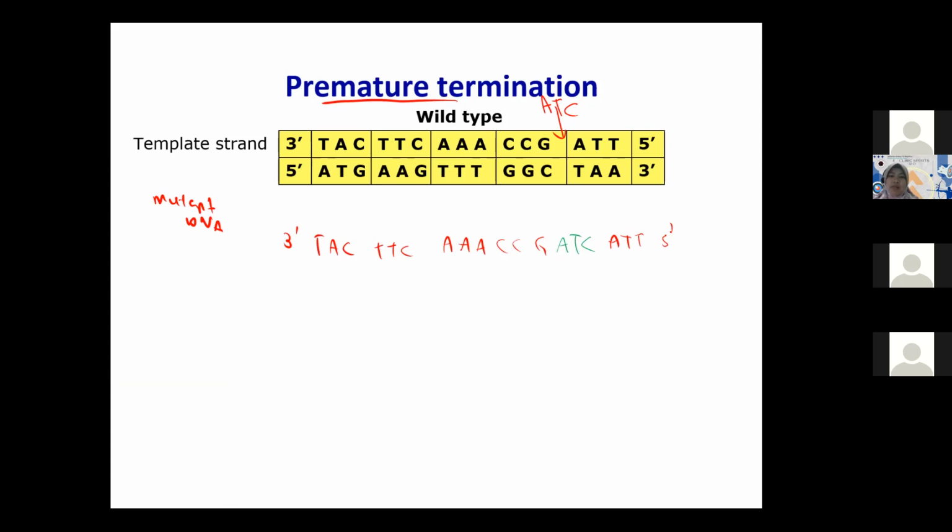Nampak tak? Alright, so bila berlaku in multiple of 3, you can see the effect is not that much. Kan? Alright, so yang ni akan sama. Your mRNA, U, A, U, G, A, G, U, G, G, C. Now, this is the mutant just now. Kan? U, A, G. This one is U, A, A. 5 prime, 3 prime.